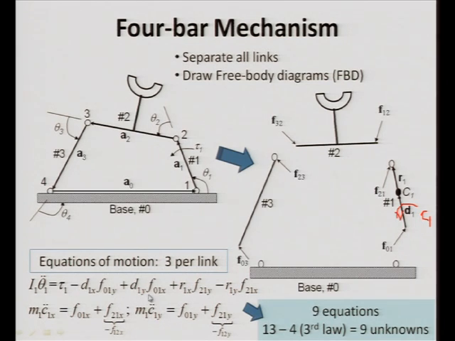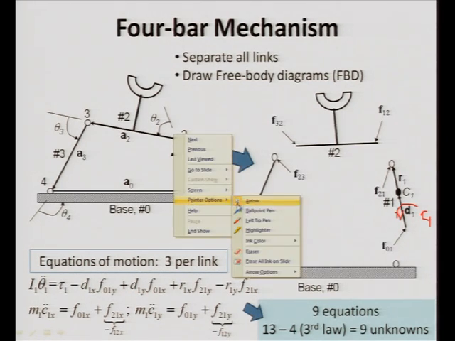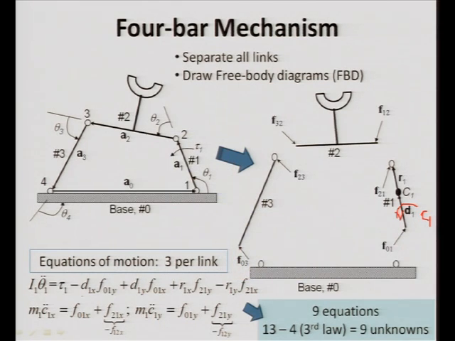So, if you write in component form, minus d 1 cross f 0 1, this will be the term appearing. Then similarly for the other one, this is from the reaction 0 1, and then f 2 1 applies at distance r 1 from the mass center. So, r 1 cross f 2 1 will look like that. That is the rotational equation of motion for the first link.